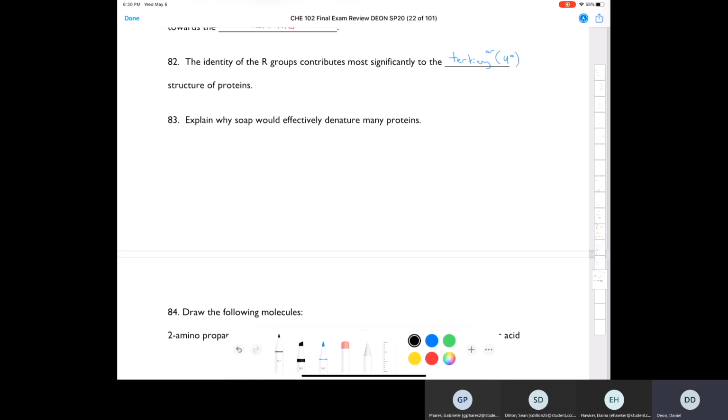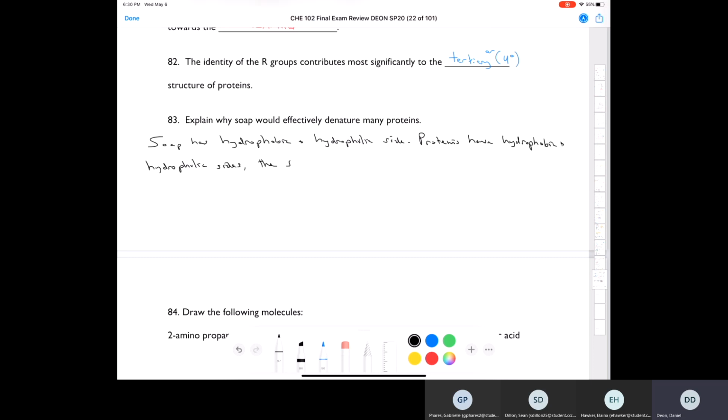So let's try to summarize this. I wrote it down already. We'll put here, soap has a hydrophobic and hydrophilic side. Proteins have hydrophobic and hydrophilic sides.